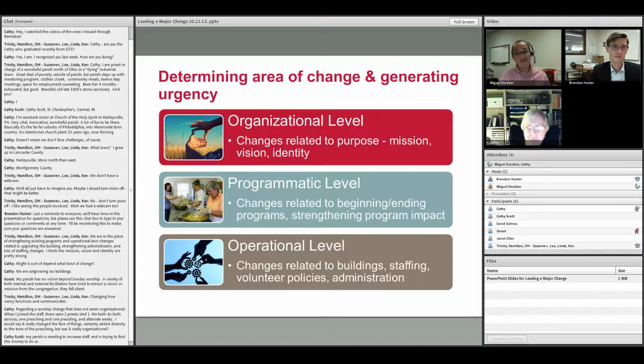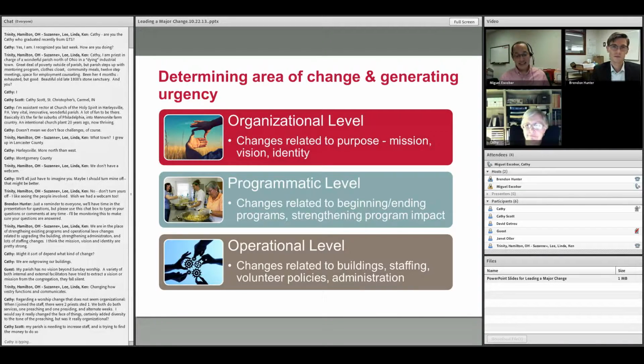So once you start making three or four or five major changes all at once, you're really starting to eat away at the identity of a place, at the commitment levels that bind people together. People no longer know what they're showing up to anymore. So there is a patience that has to be a part of leading a major change process.